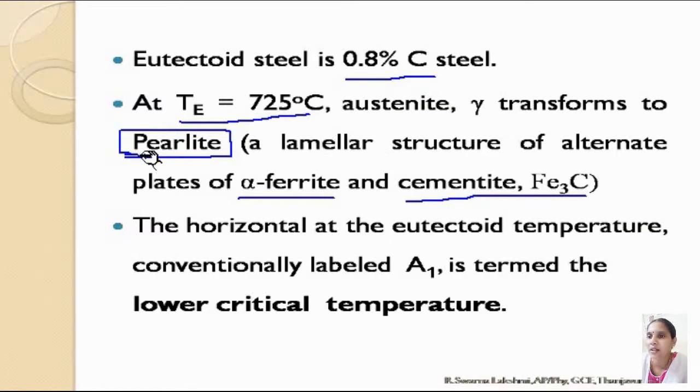This structure is known as pearlite. So austenite transforms to pearlite during a eutectoid reaction. The horizontal at eutectoid temperature, which is known as the eutectoid line A1, which is its conventional notation, is called the lower critical temperature line.